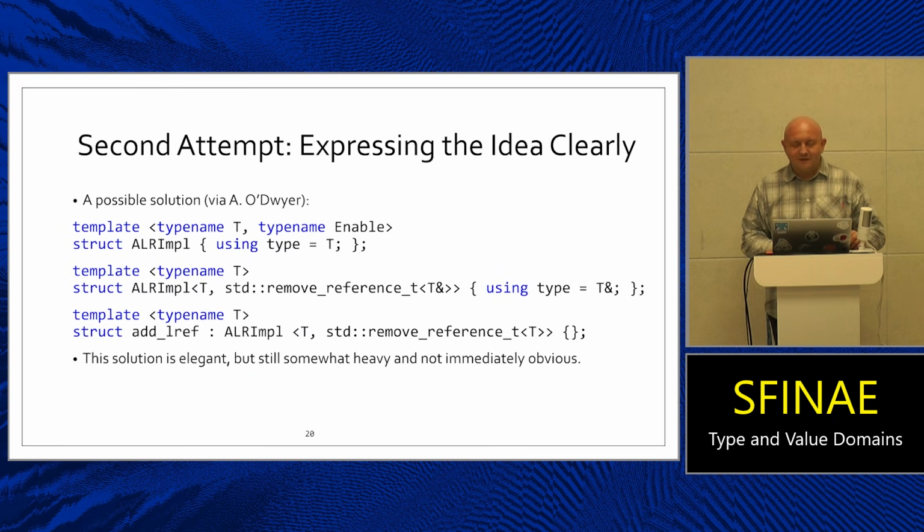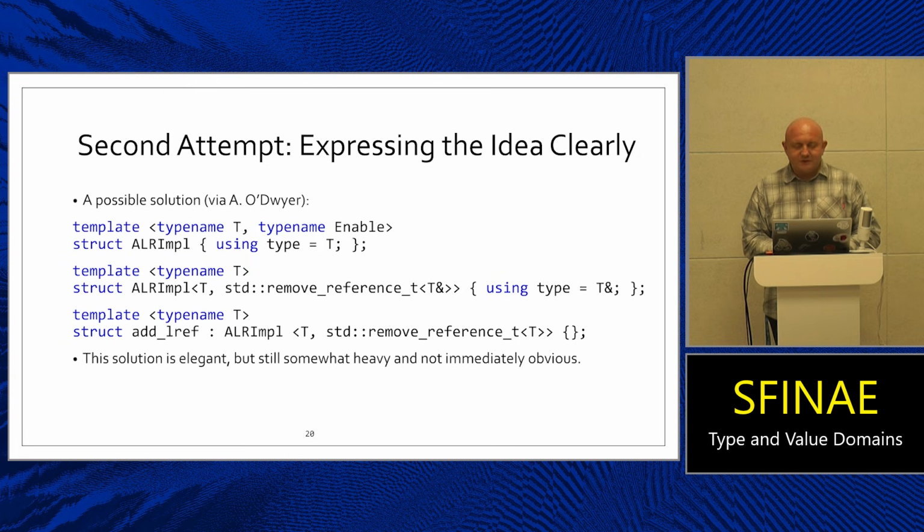All right, let's try something smarter, a devilishly clever trick. What we really want to say is simple. If it's possible to form T&, do it, form T&. And otherwise, just use T unchanged.